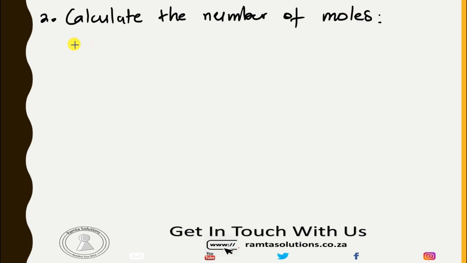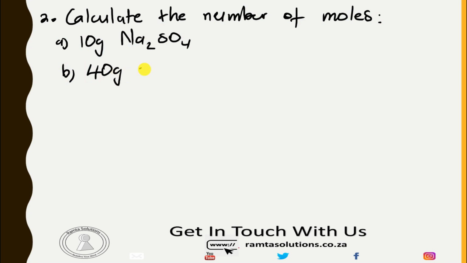For, let's say, A, we are given 10 grams of sodium sulfate, Na2SO4. B, we are given 40 grams of aluminium.